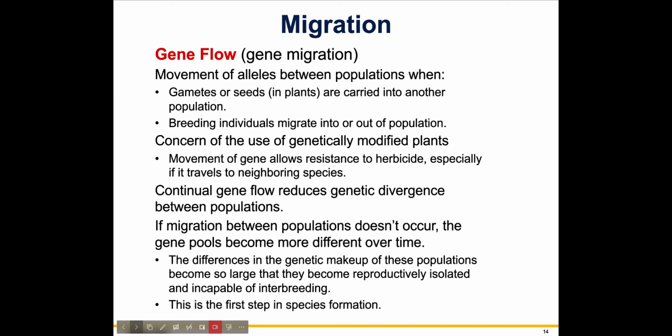And one place that we see this quite often is plants. When they're carried, the seeds or the pollen is carried into a new population. It is a big concern when we're looking at genetically modified plants that are being farmed and we're putting them right next to more conventionally grown plants that aren't genetically modified.